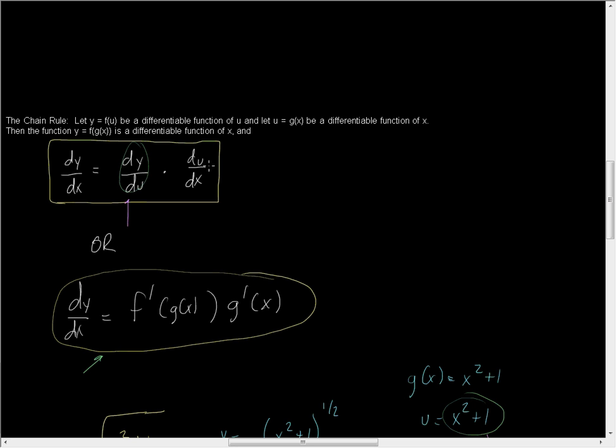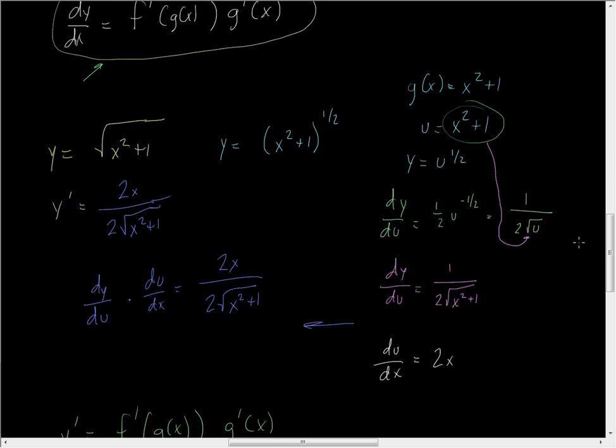And so using this format, dy du times du dx, actually tends to work better. So to take a derivative, it's easier to use the second format. To utilize the derivative in a problem, it's easier to use the first format. At least I found that to be true for me. All right, that's the chain rule. Let's do a few examples.